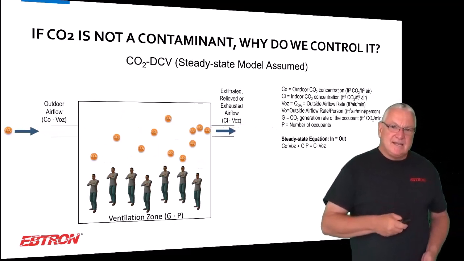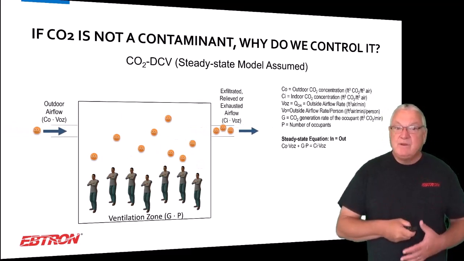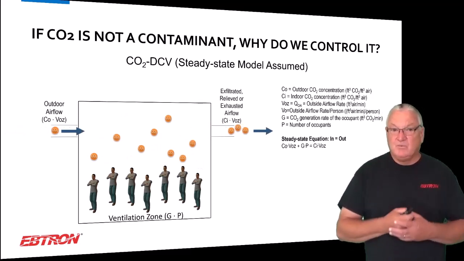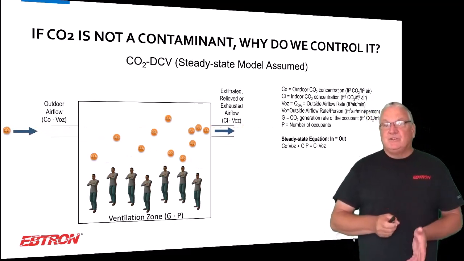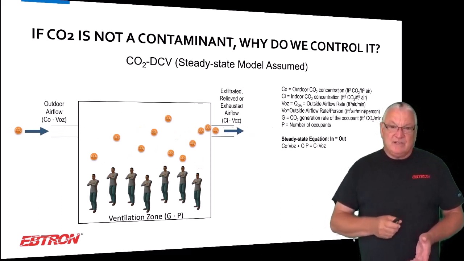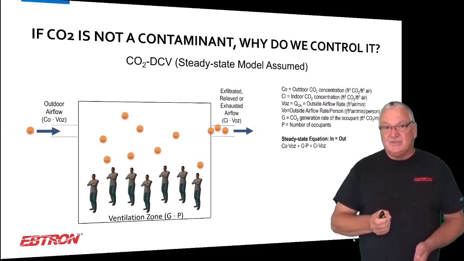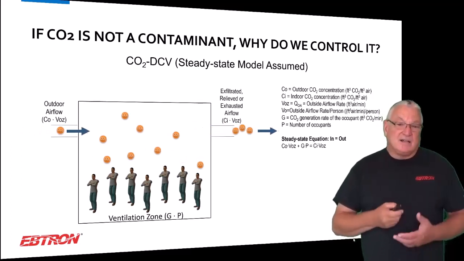So really the steady state model is not valid, but everybody uses it, and we might as well use it here to explain why we're doing this. The reason people use it is that it's really easy. If you're not assuming steady state, you have to look at the rate of change of the CO2 level in the space, and you have to look at the volume of the space. And that's a lot more complicated.